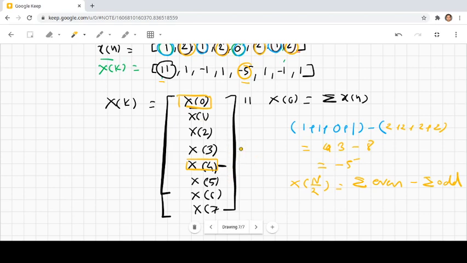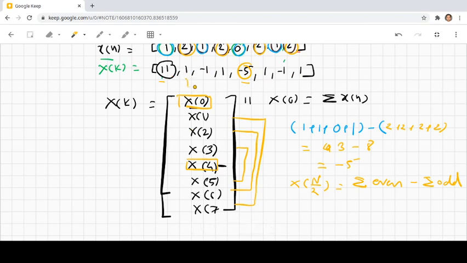And you have to remember that x3 and x5 are always complex conjugate of each other for real sequence. x2 and x6 are always complex conjugate of each other, and x1 and x7 are also complex conjugate of each other. So if x1 is 1, then x7 has to be complex conjugate of 1, that is 1.